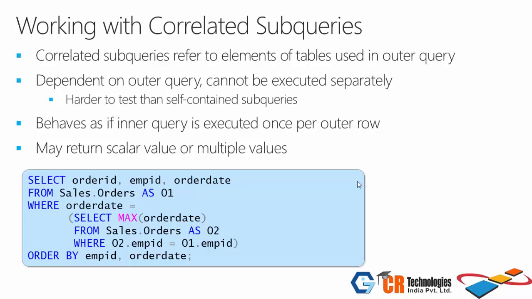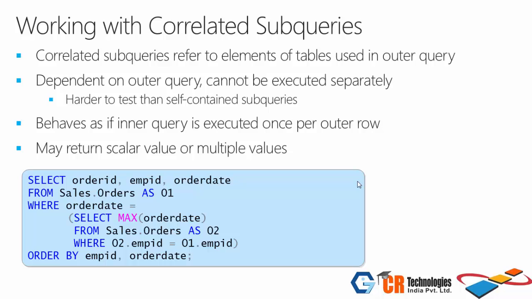If you examine this query in a trace, the role of each clause becomes visible. For example, the select order ID, employee ID, order date columns are returned by the outer query. The from sales.orders as O1 sources the table for the outer query, note the alias.